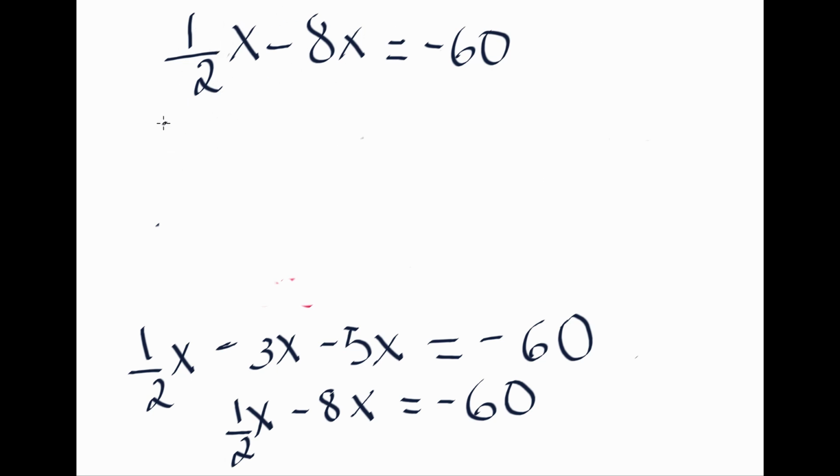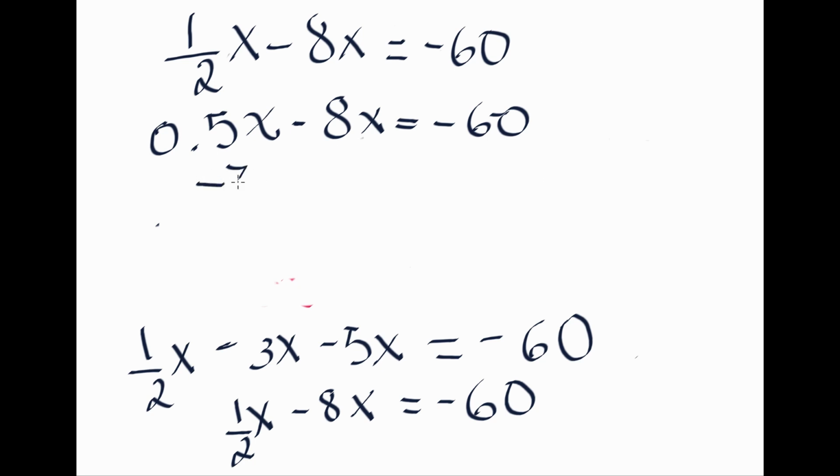We can see this as 0.5x minus 8x equals negative 60. So then if we just do this subtraction, 0.5 minus 8, that's negative 7.5x equals negative 60.